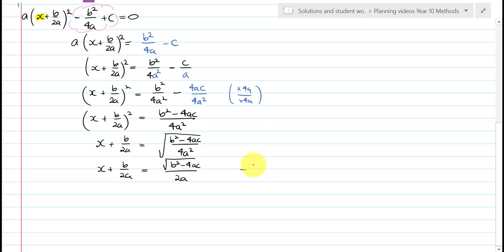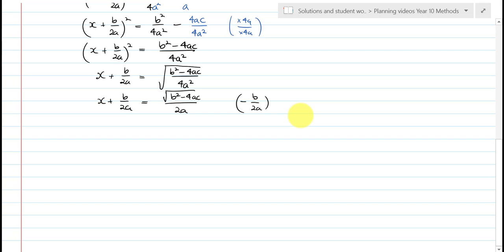And now just the last step to unwrap that, to unwrap the x, I subtract the b over 2a, giving me x is equal to the square root. Oh, and additionally here with this square root I should have added the plus or minus, which I've neglected to do.